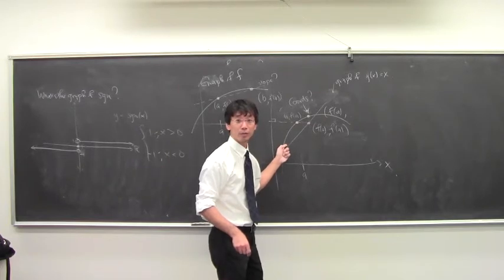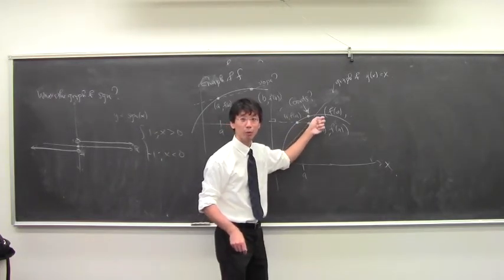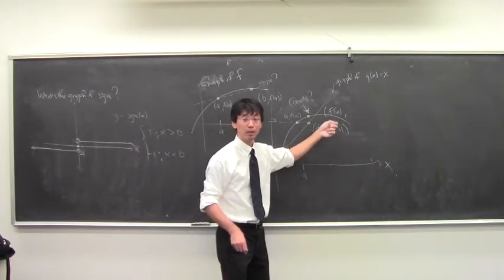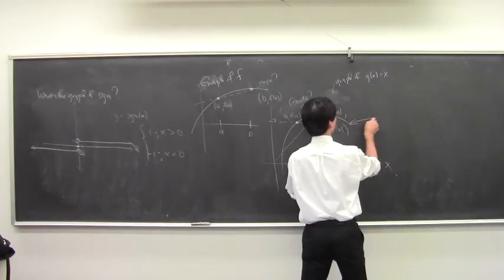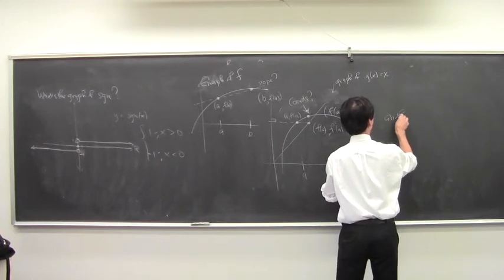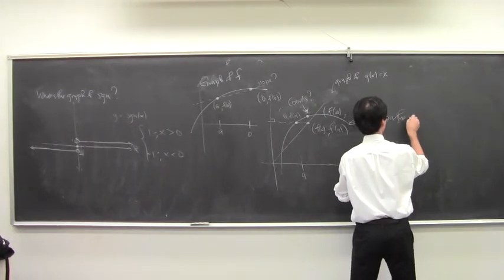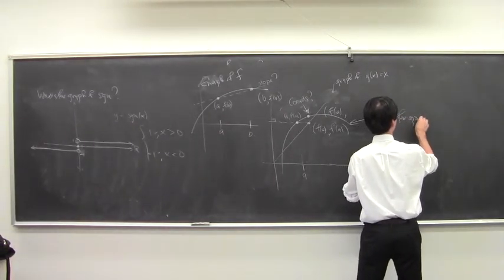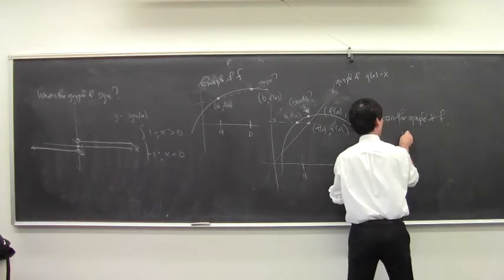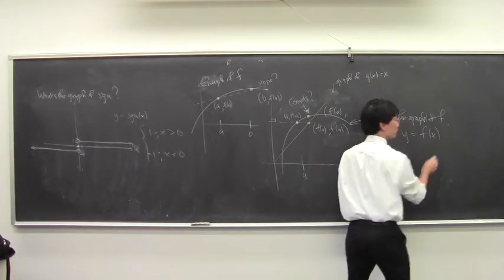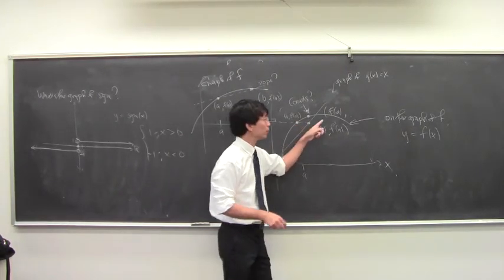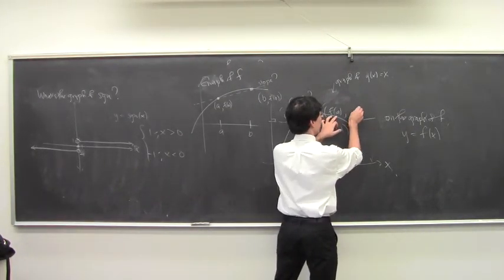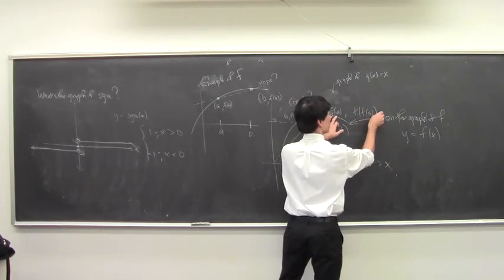What's the rule of the graph of f? The y coordinate has to be f of the x coordinate, right? On the graph of f, the y coordinate always has to be f of the x coordinate, right? That's what it means to be on the graph of f. So, if the x coordinate is f of A, the y coordinate must be f of that.